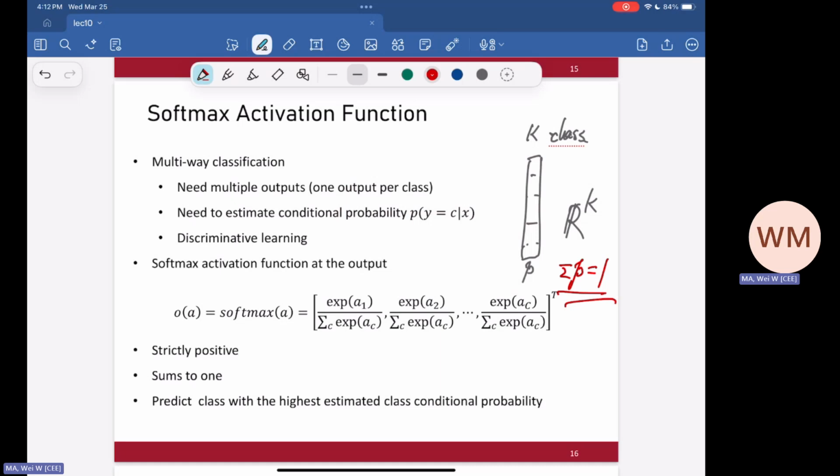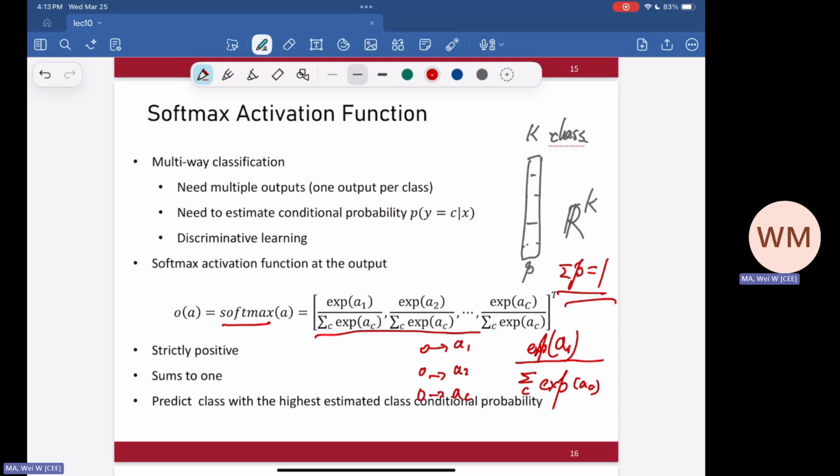So how do we ensure the summation to be 1? We are using a very special activation called softmax. What we are doing is very straightforward. If you think of the neural network output, it can be A1, A2, all the way to AC. We take the exponential of each, and then divide it by the sum over all C of the exponential of AC.